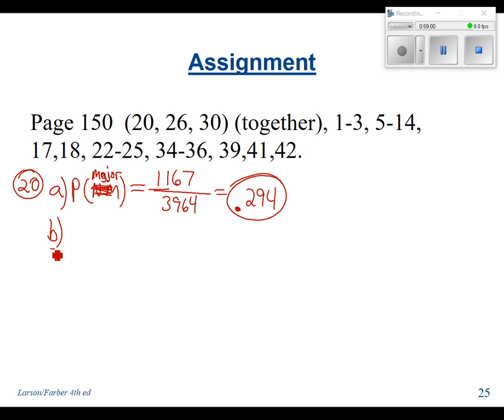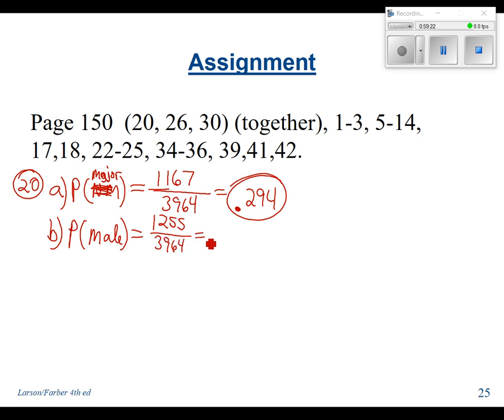Part B, find the probability that a randomly selected student is a male. Probability that you pick a male. How many males are there? 1,255. And how many total students again? 3,964.